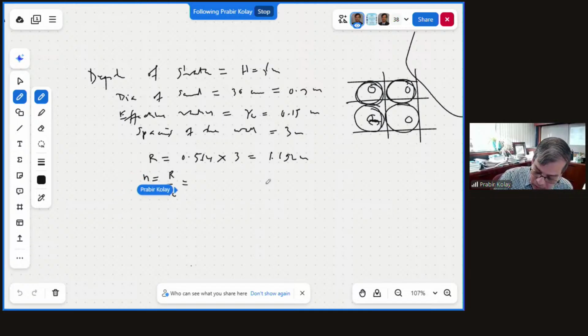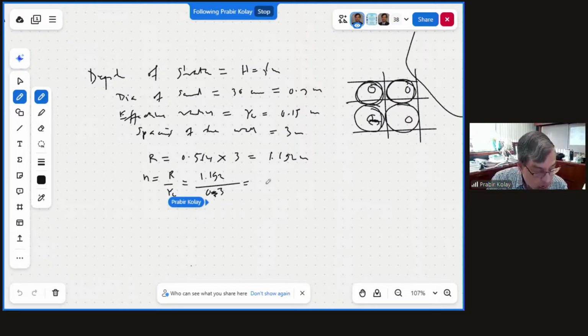R we just calculated as 1.692, divided by rw, the radius of the well. The sand drain diameter is 0.3 meter, so rw is 0.15, correct?